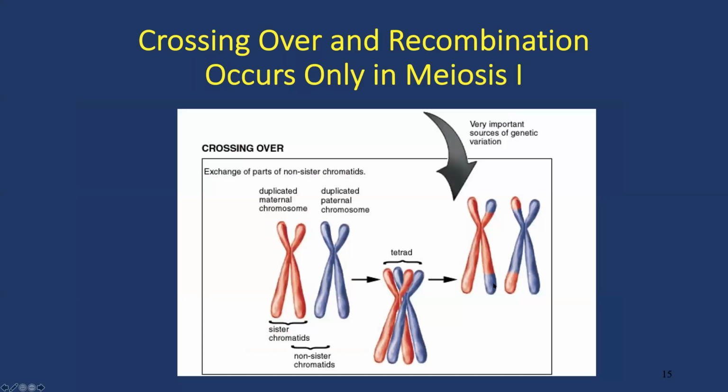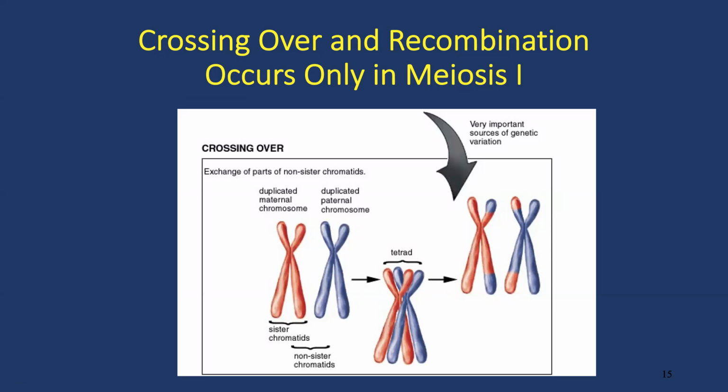This shows you a close-up of how recombination occurs. You have sister chromatids, two red ones and two blue ones. They come into very close contact, touching each other, and that's called a tetrad, and that's where they exchange parts. One red chromosome picked up a blue tip on one end and a blue tip on the other end, which leaves the blue chromosome with a red tip on each end, and the other homologue continues to be blue.